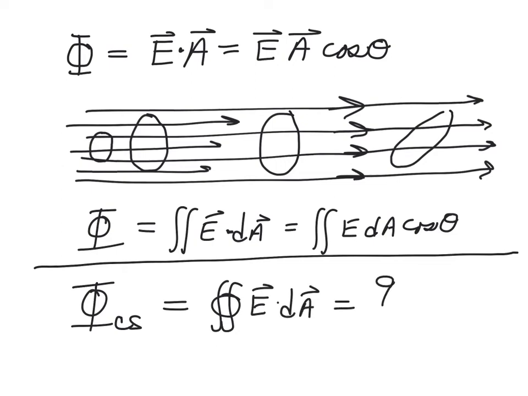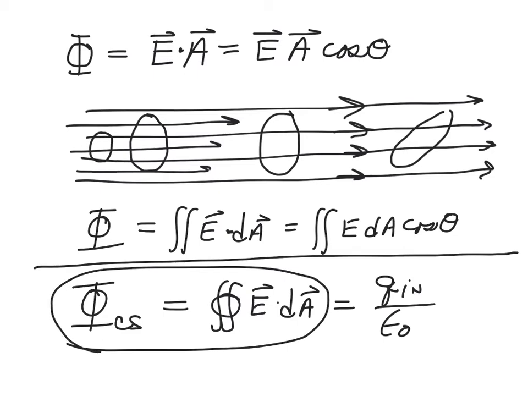It's equal to the charge inside the surface divided by that constant epsilon naught. So this is flux through a closed surface and what it's equal to. So Gauss's law is a relationship between flux through a closed surface and the charge inside the surface.